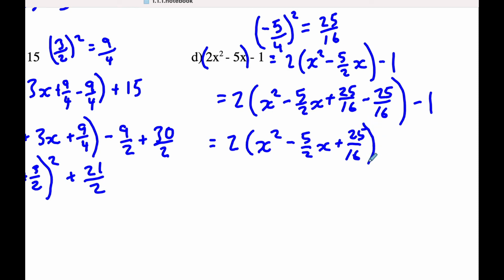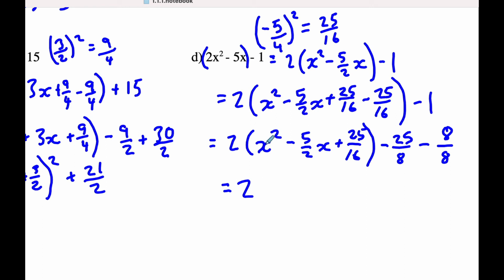And then outside the bracket, when we pull this out, we have to multiply by 2. And so this will be 2 times negative 25 over 16, which is negative 25 over 8. And I'm going to express the minus 1 with a denominator of 8. So that's going to be 8 over 8.